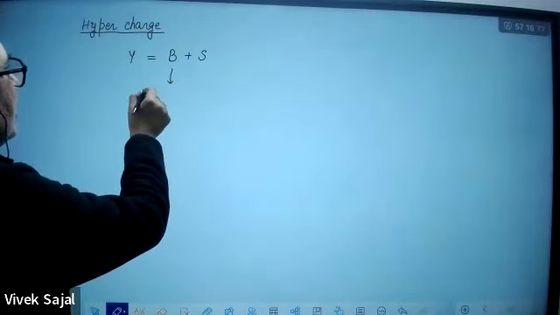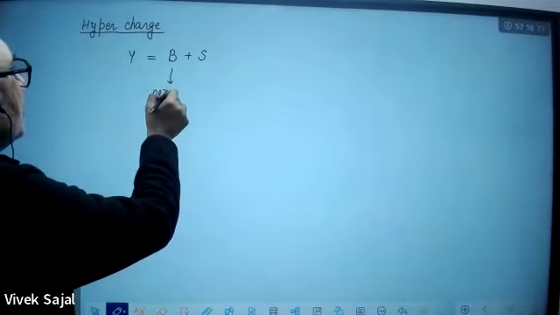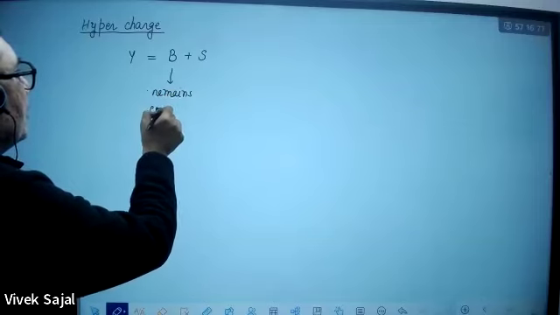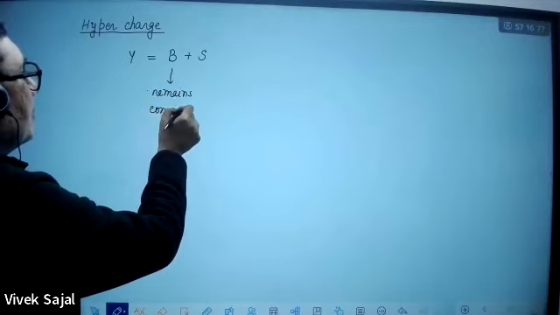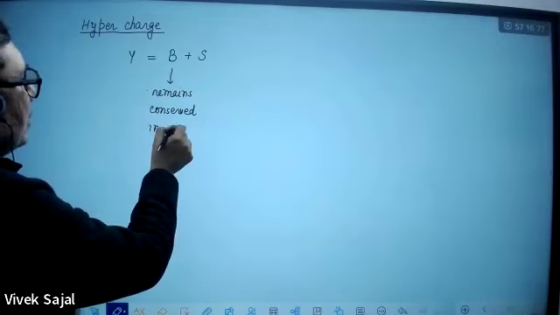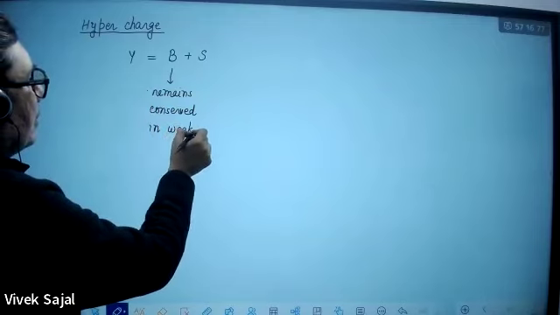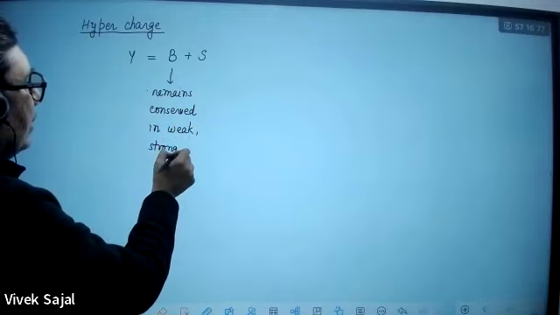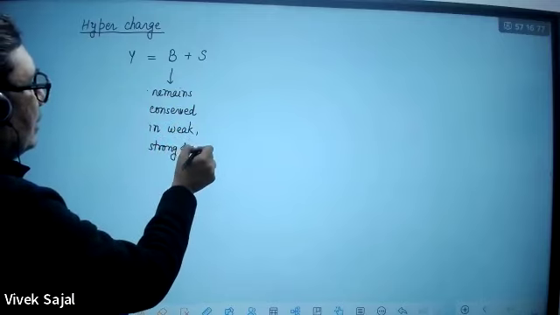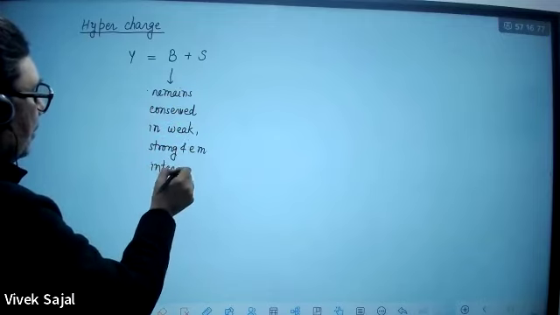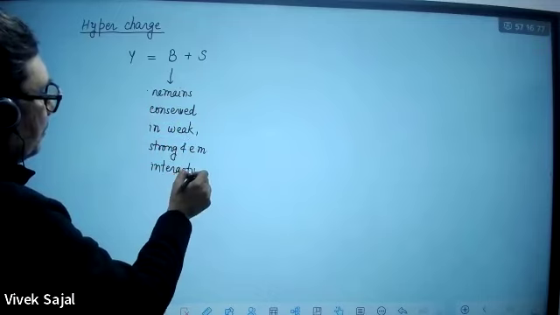B remains conserved in weak, strong, and electromagnetic interaction. In all three interactions, this will be conserved.